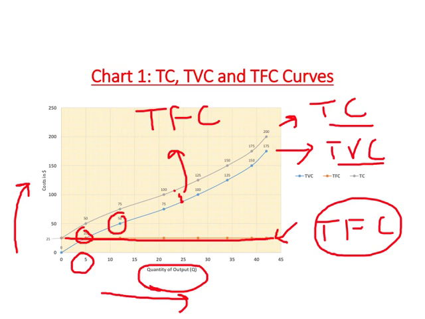And we know total fixed cost is a fixed number, and that simply means TVC is being lifted up by a fixed amount of $25. In other words, the total cost and total variable cost curves are parallel to one another.